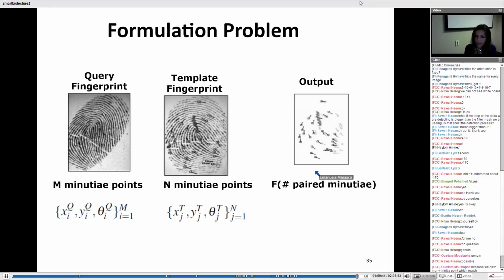And then as output of the matching we apply a function of the number of paired minutia. Usually the specific algorithm is not disclosed, but in general the match score is computed based on the number of paired minutia and missing minutia too.